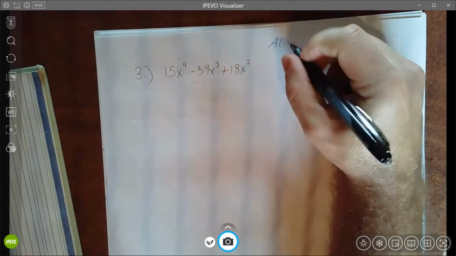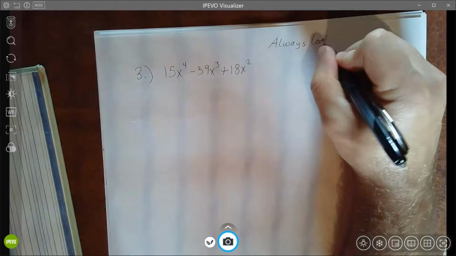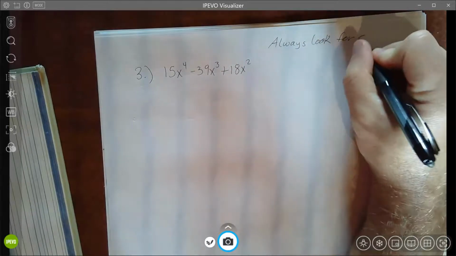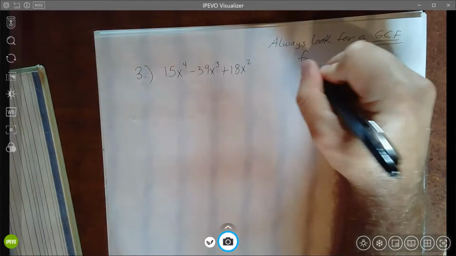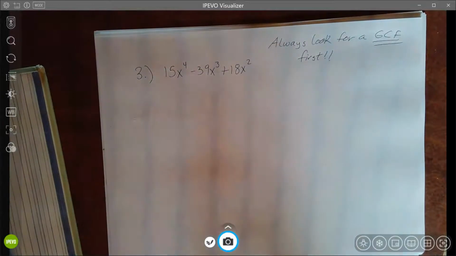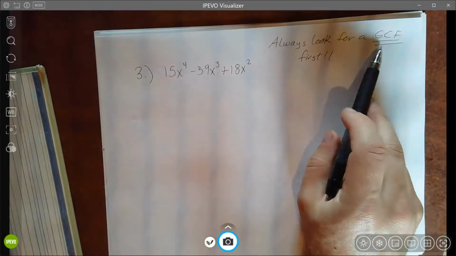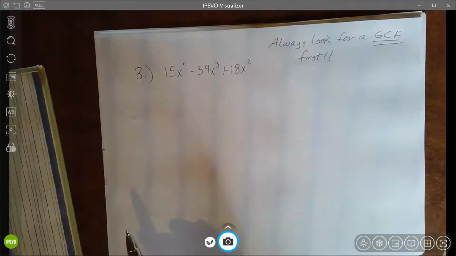I said this before, I think, but let's reiterate it. Always look for a GCF first. If you can factor out a GCF, do that first, before you do any other kind of factoring.